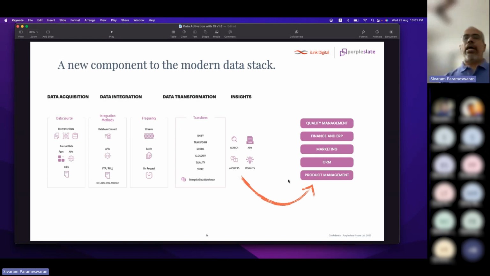I've just tried to put that in the picture. If you take the previous data stack information, you have the insights, the numbers. How do you now tie this back to typical business functions? It could be quality management, finance and ERP, marketing, or anything.